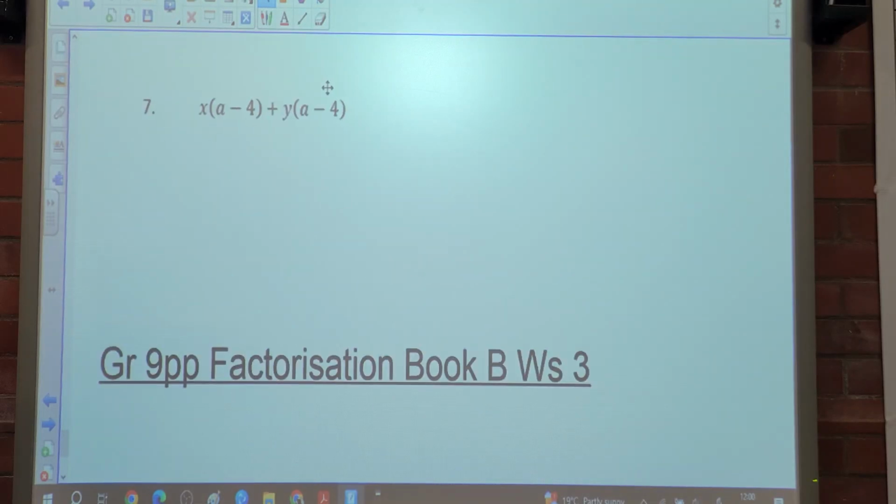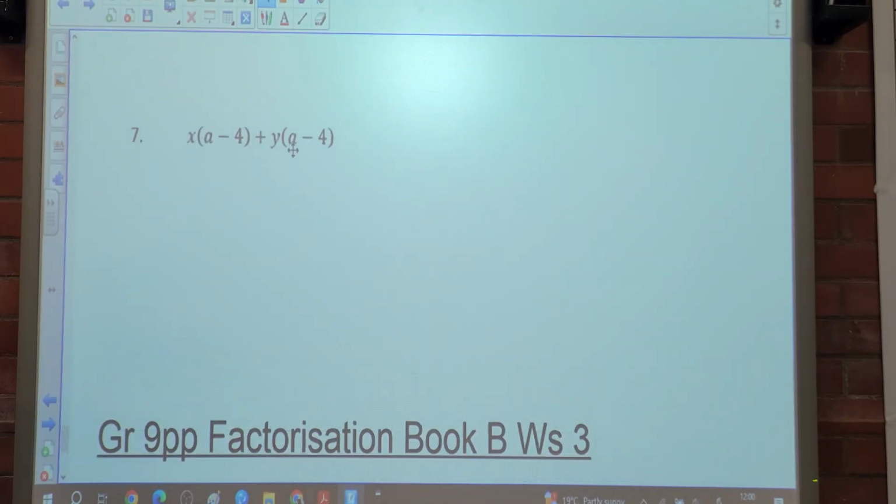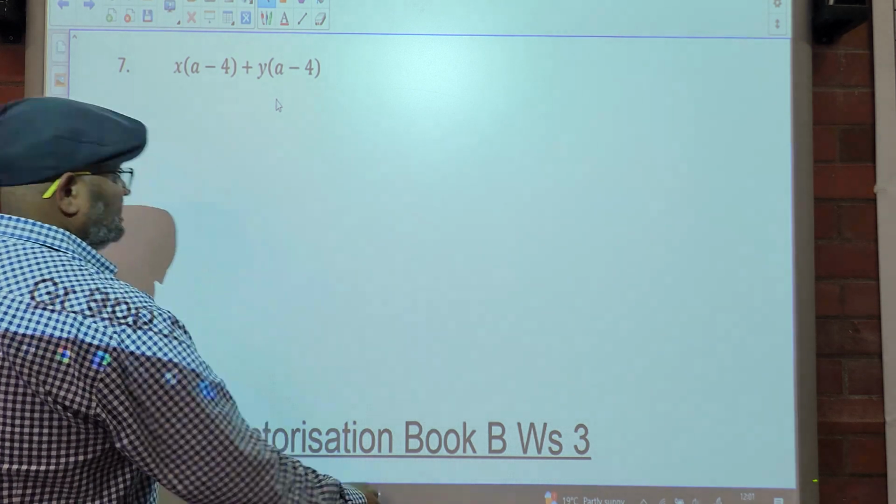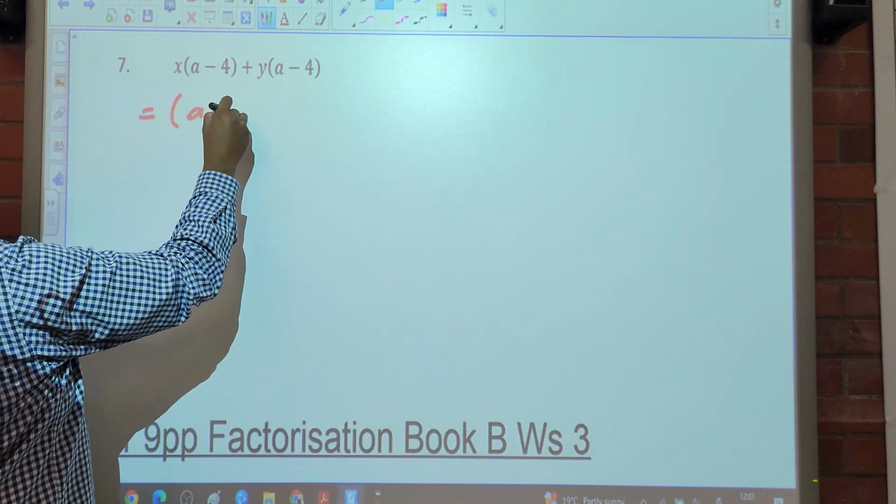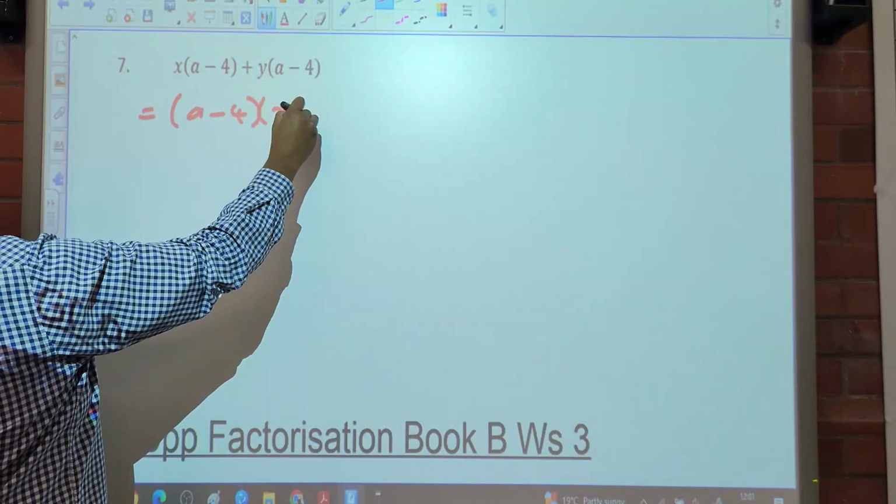Let's look at number 7. This is your number 7, eh? Okay. What do you notice here? We have a common bracket. What's your common bracket? a minus 4. What are we left with? x plus 1.